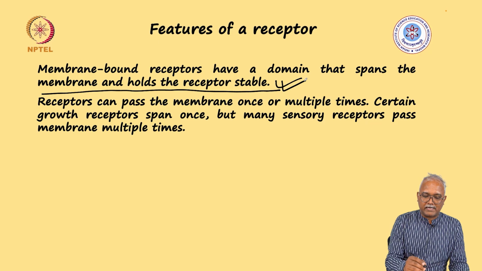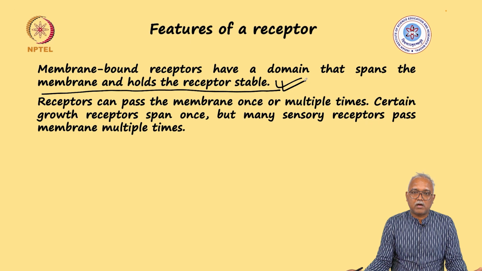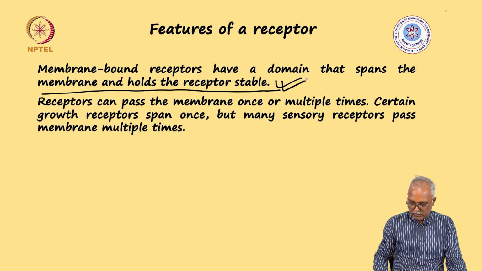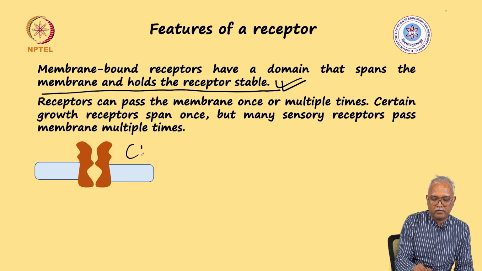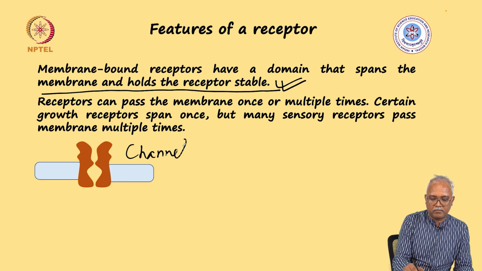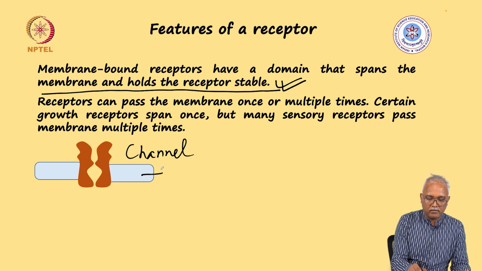So the receptor, as I said, can pass the membrane once, more than once, and some specific number of turns. Like here, this is a channel type of receptor. It can pass this membrane multiple times.